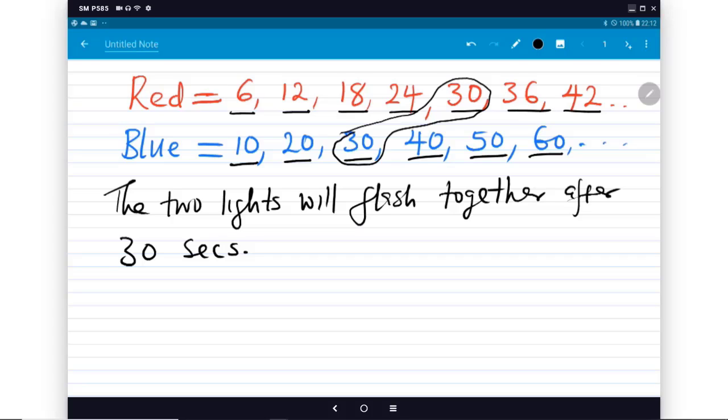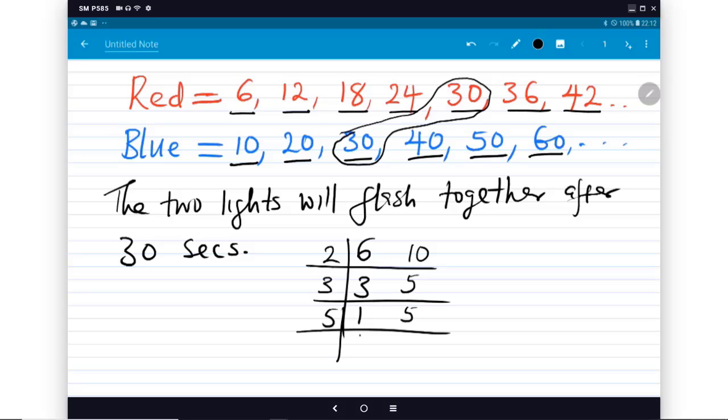So just simply, LCM of 6 and 10. If we use our long division method, 6, 10. So we have 2, 3, and then 5. Then we can have 3, which is 1, 5. Then we have 5, which is 1, 1. So the LCM will be 2 times 3 times 5, which is equal to 30.